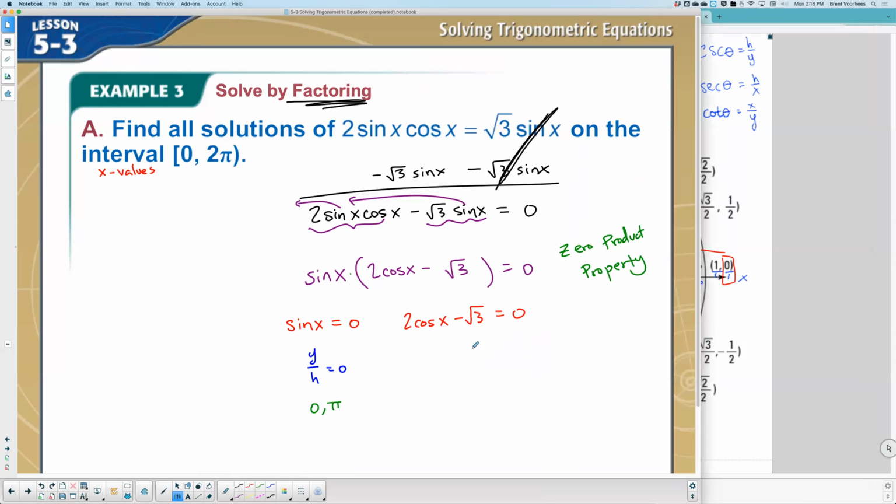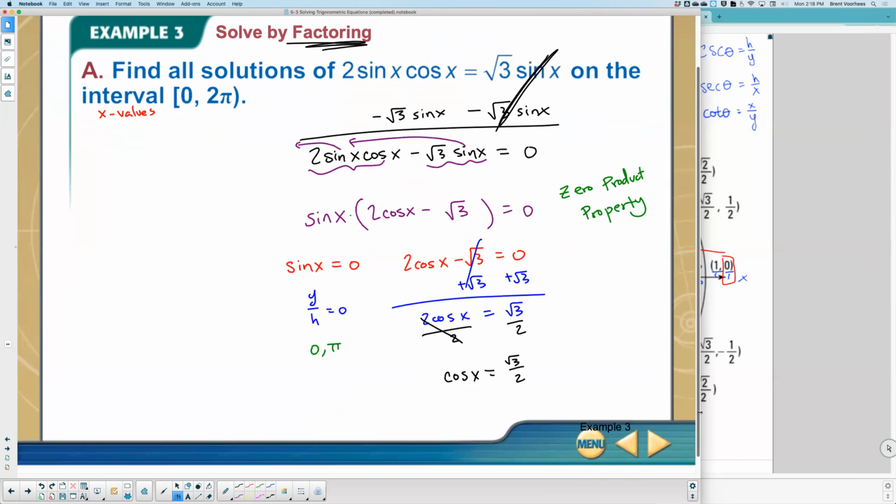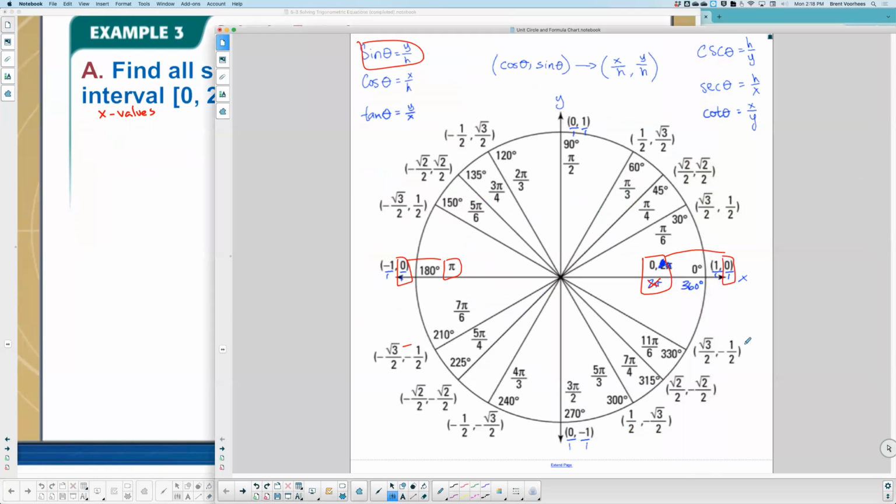Now let's come over here and let's solve this. What would be our first step to solve from here? Add square root of 3. And second step? And then divide by 2. Divide by 2, good. And so now we're looking at cosine x equaling square root of 3 divided by 2. What is cosine's ratio? I agree with you.